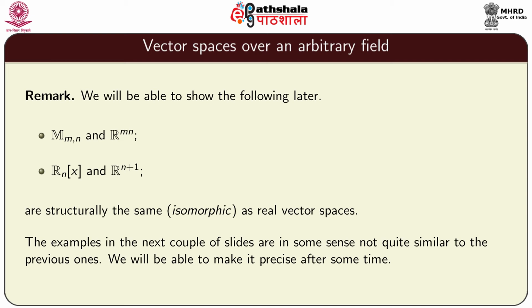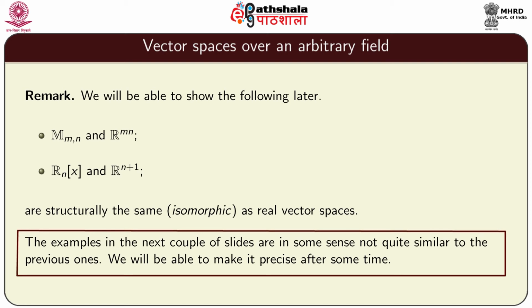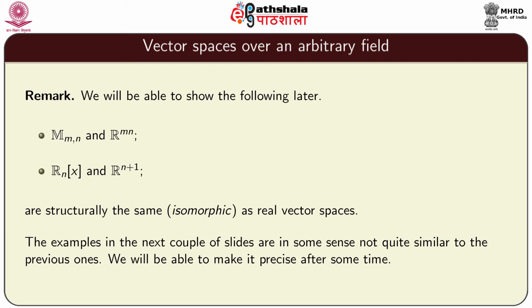Now, this comment is again which will be substantiated later. The examples in the next couple of slides are in some sense not quite similar to the previous ones. We will be able to make it precise after some time. Let us see what we mean by this.